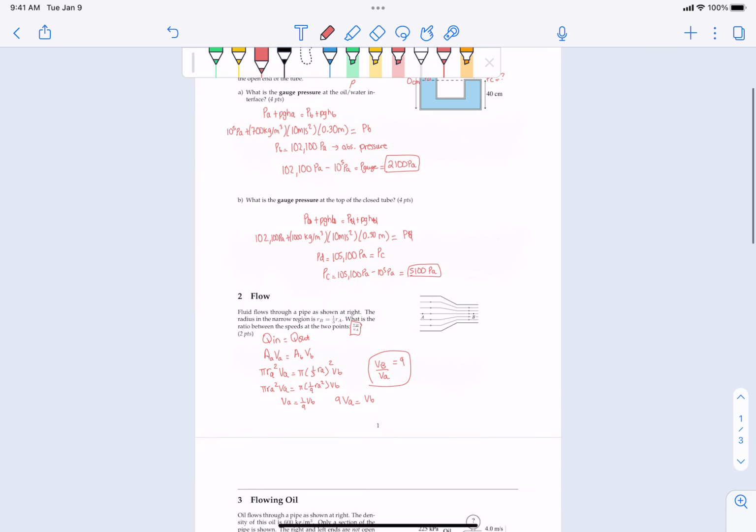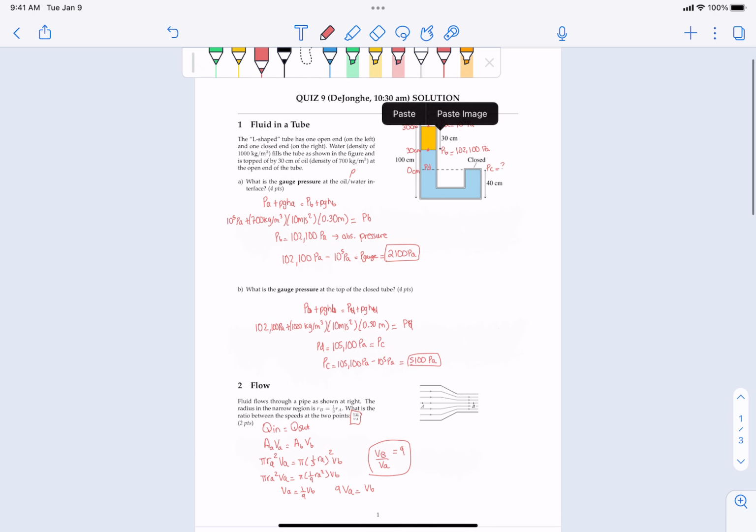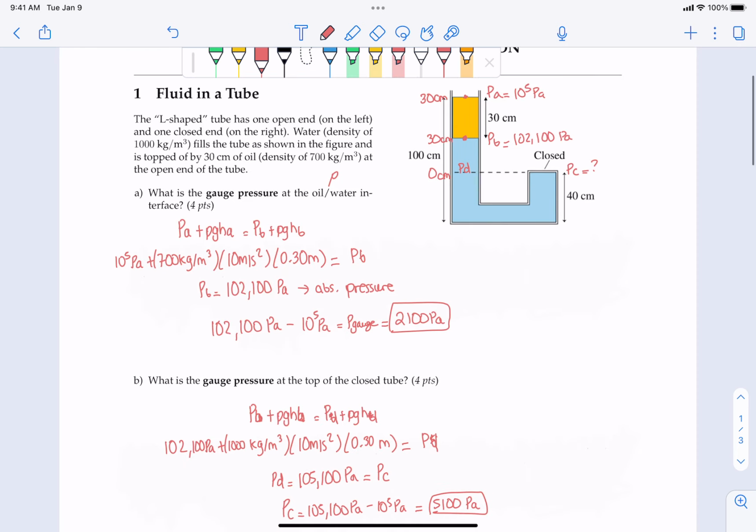I'd have to say, the equations are long, I won't deny that. But in my opinion, just because I think the professors are a little bit aware of the fact that this fluid stuff is a little confusing at first, I personally felt that this was one of the easier quizzes that we've done. So I don't know, do you guys agree with that?